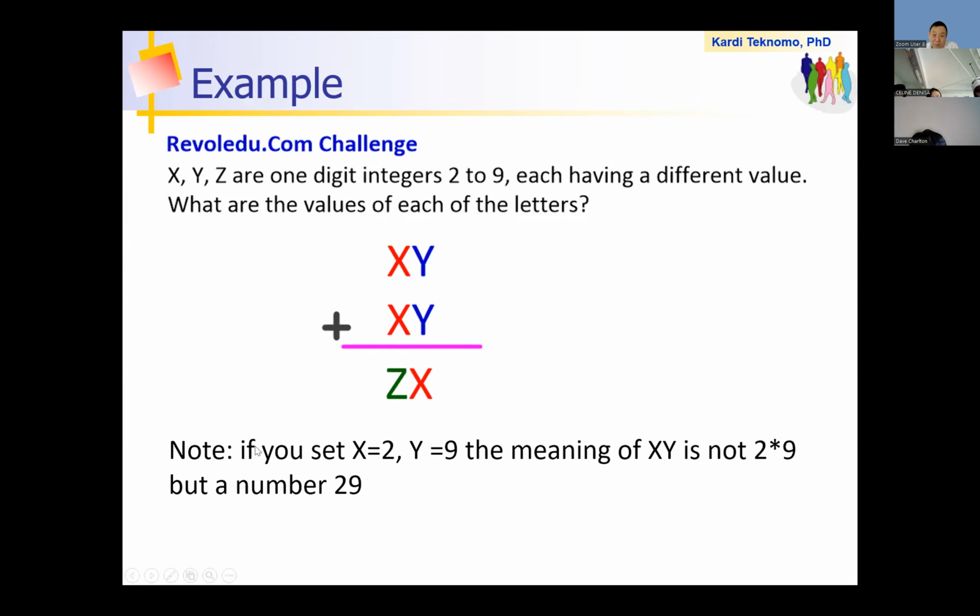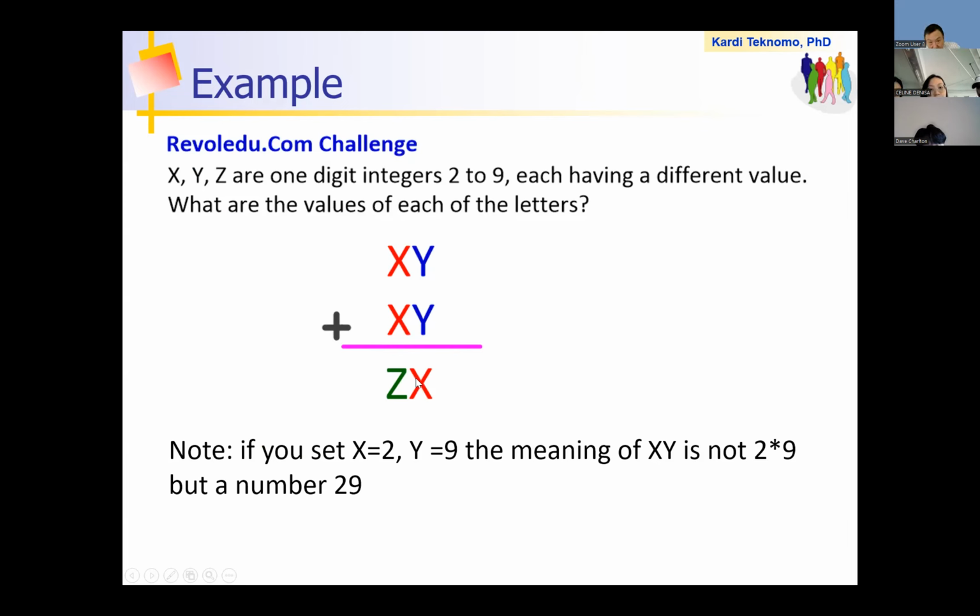So suppose you set x equal 2, y equal 9, so 2, 9, 2, 9. It's not 2 multiplied by 9, but 29. So 29 plus 29 is how much? 58.